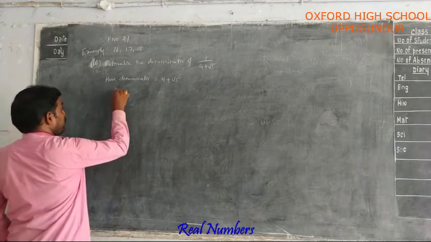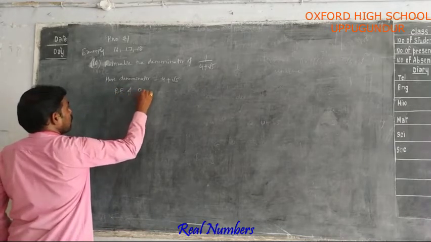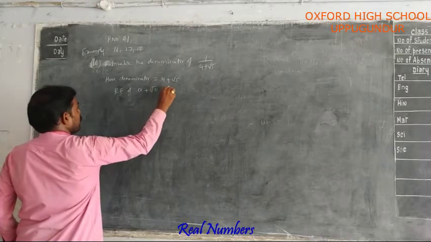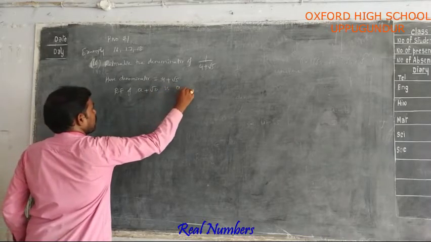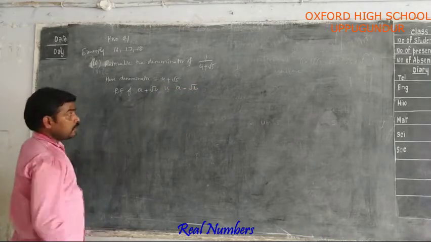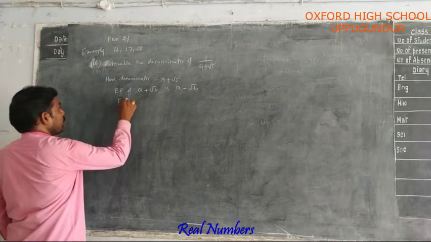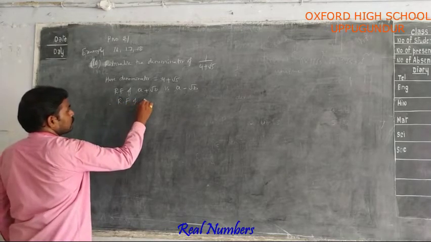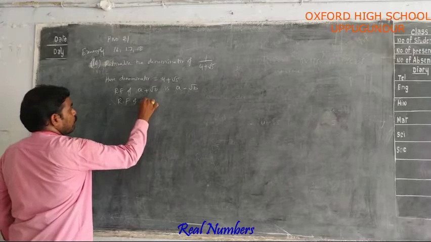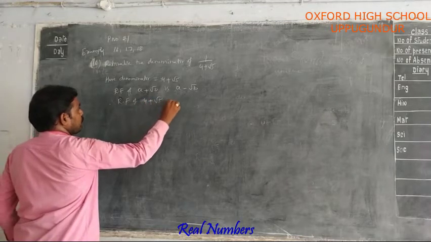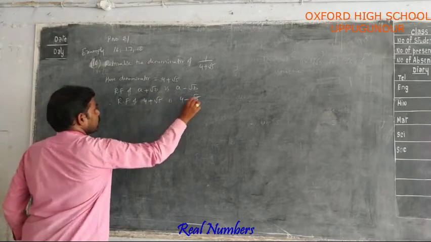So the rationalizing factor of a plus root b is a minus root b. Therefore, the rationalizing factor of 4 plus root 5 is 4 minus root 5.